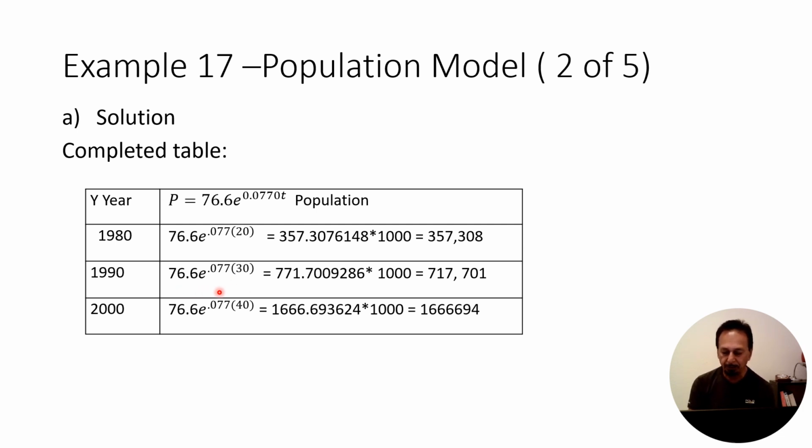Put on the calculator, round to nearest whole number. We're going to get 7,701. And now year 2000, t becomes 40. So we have 76.6 e to the 0.077 times 40. Again, put on the calculator, and you should get 1,666,694.